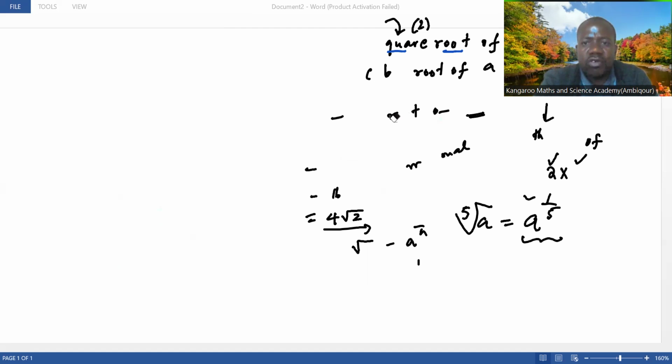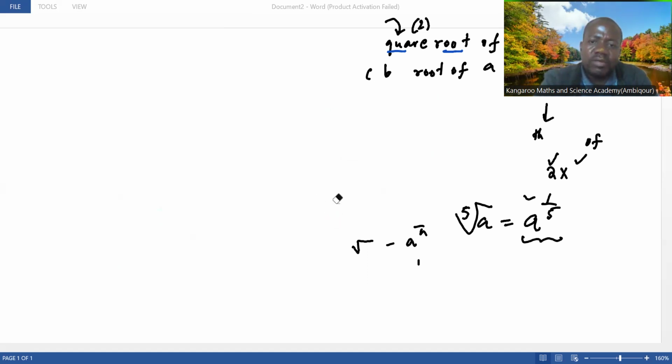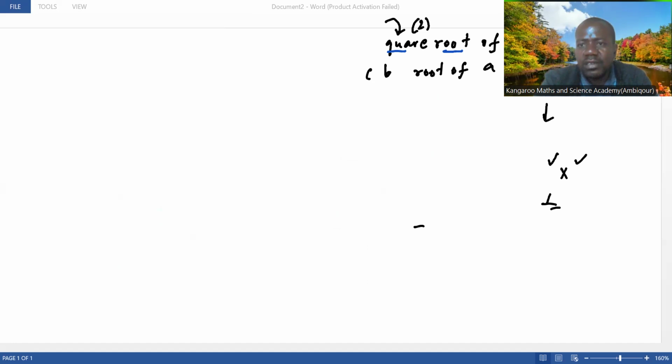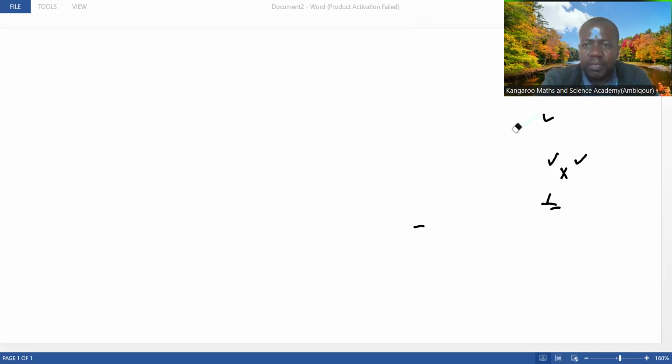We know a monomial is just an algebraic expression that has one term. Then a binomial is the one that has 2 terms. And remember, a term is separated by a plus or minus.